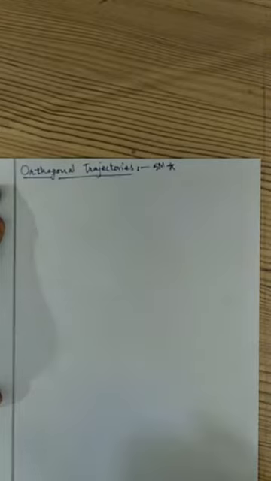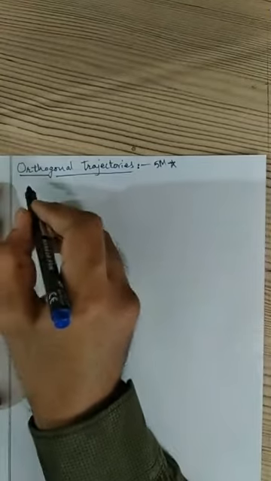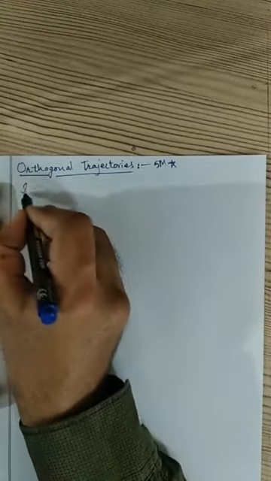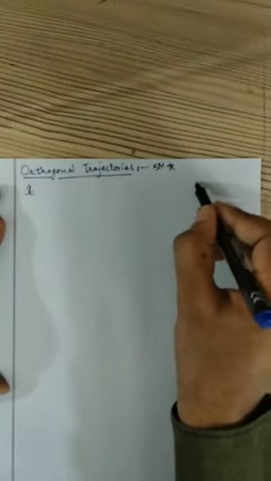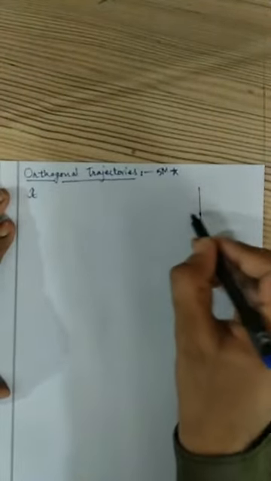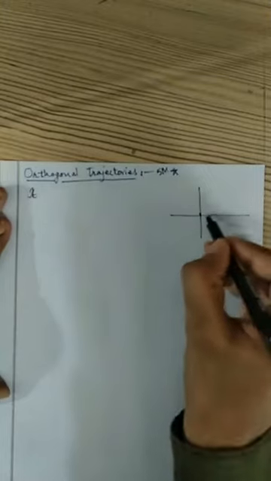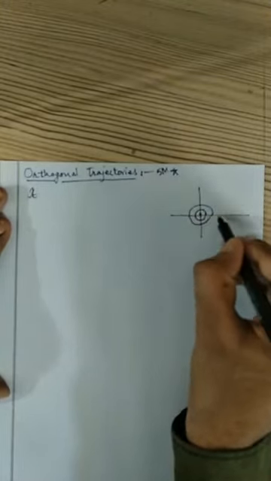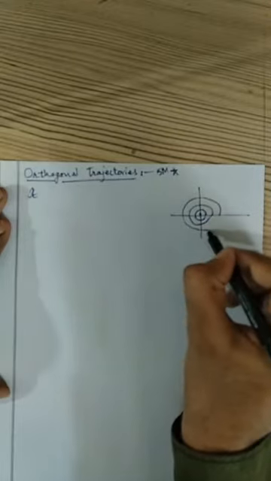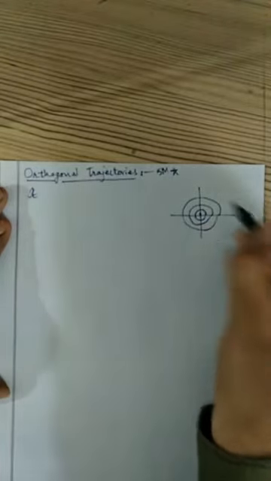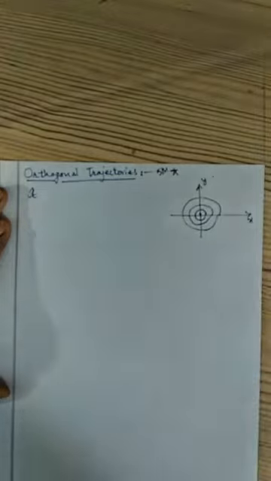Enough, stop, listen now. Orthogonal trajectories. Now what is it? It is the family of curves. Geometrically we will understand. First, suppose I am having a family of circles. Now this is the x-axis and this one is the y-axis, right?